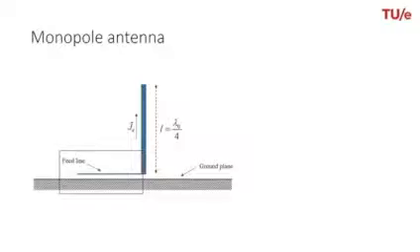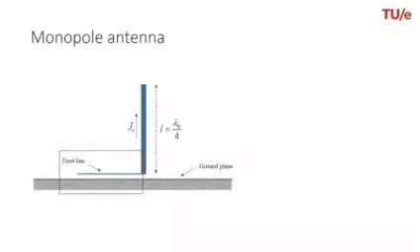So we can use the image concept to show that the radiation properties of a monopole are in fact identical to the half wavelength dipole, except that we only radiate energy in the upper half space and not below the ground plane, of course.